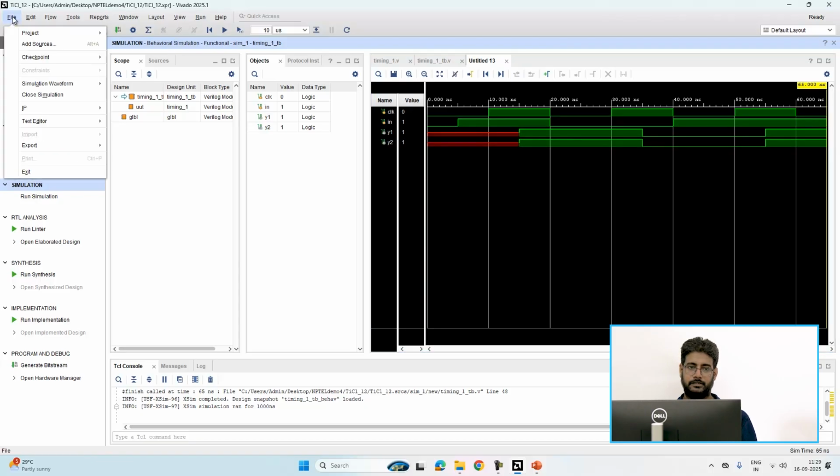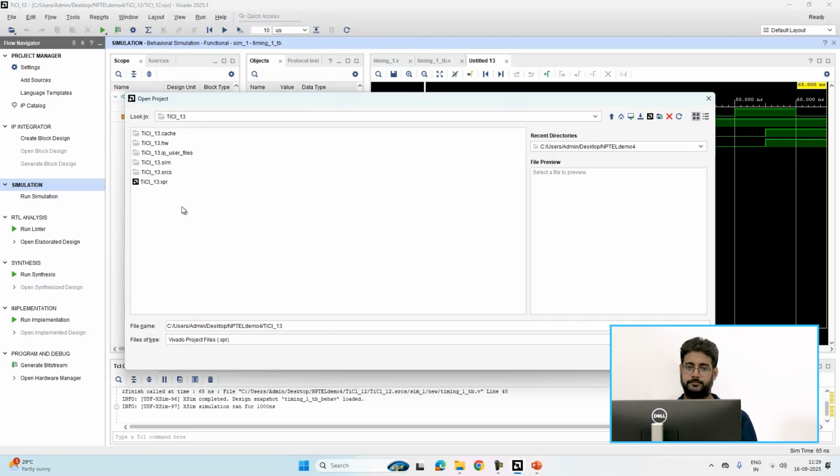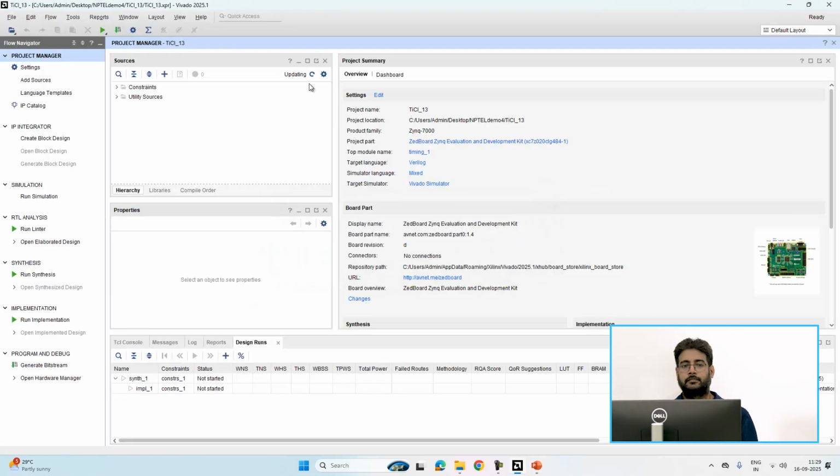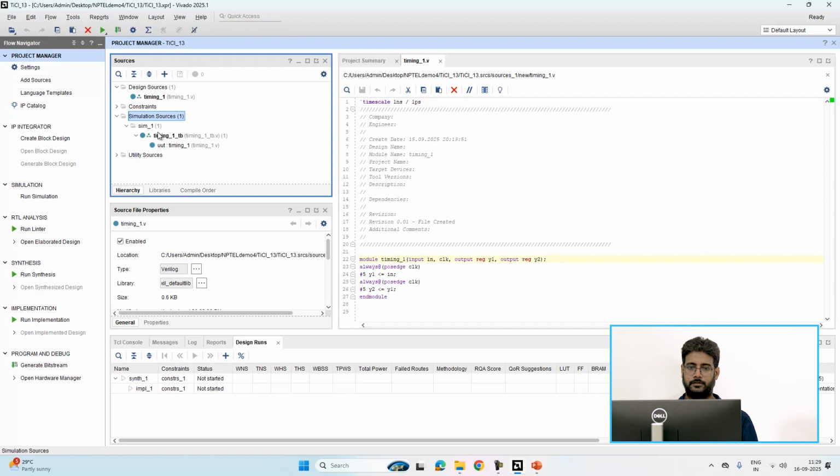Next example is TSCL 13. Simulation sources here.